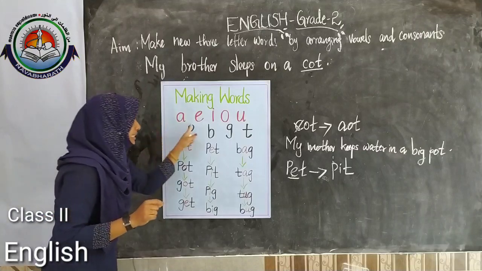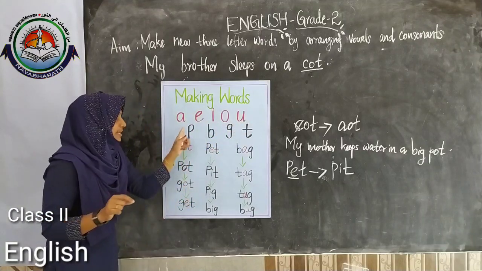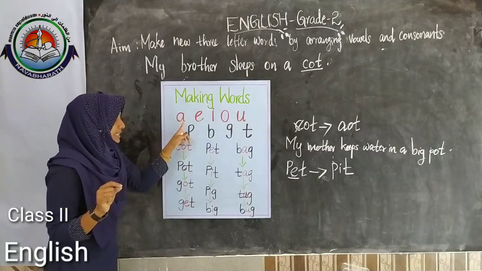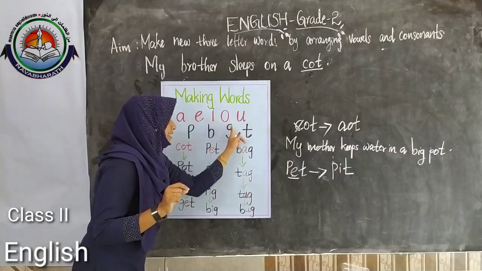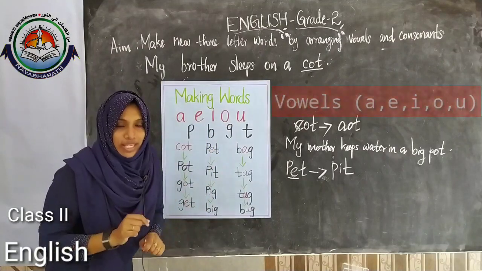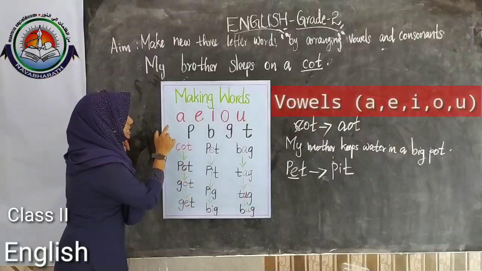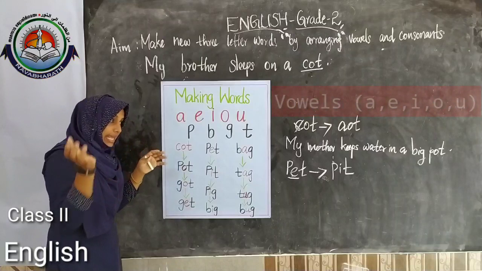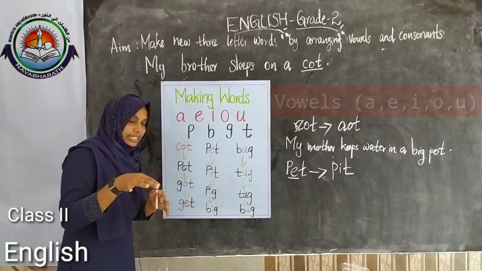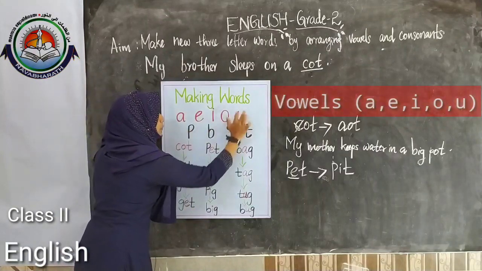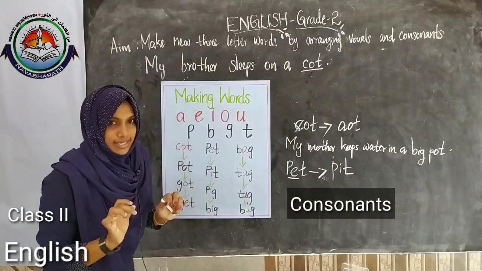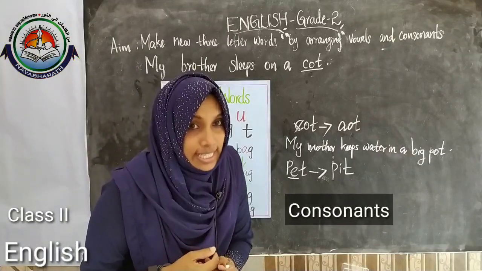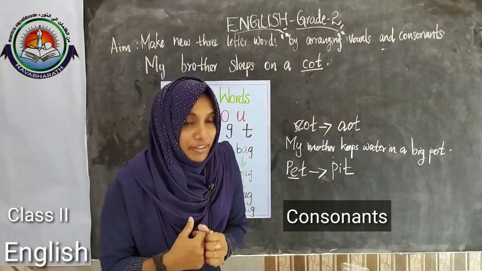Yes, we have already learned these red letters from your first standard. The letters in red color are called vowels, and the letters other than vowels are called consonants. There are 26 letters in our English alphabet family.